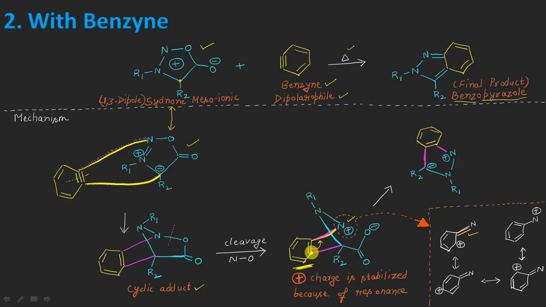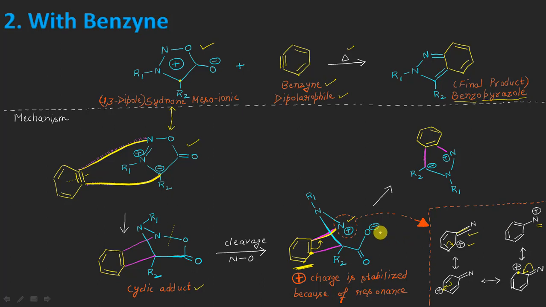Moreover, a positive sign will appear on this carbon atom, which you can see here. After that, these electrons will shift onto this side, giving a double bond in this way with a positive charge now present on this carbon atom. And finally, these electrons will come here, giving a double bond like this and a positive charge on this carbon atom. And finally, this will come here, giving once again a double bond, and the positive charge will now appear on this nitrogen atom.